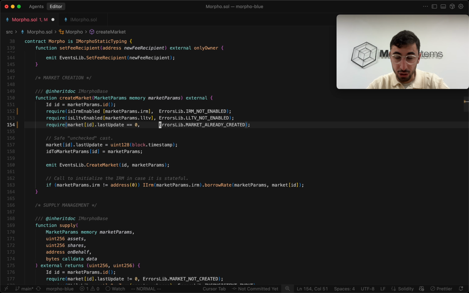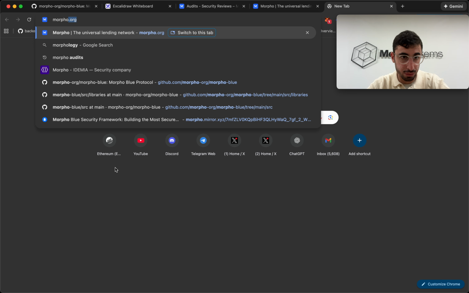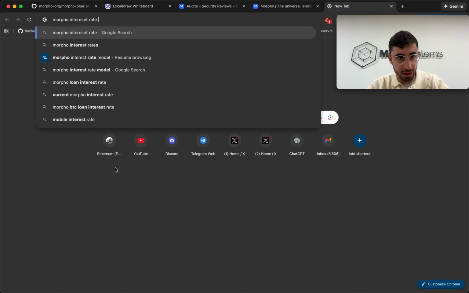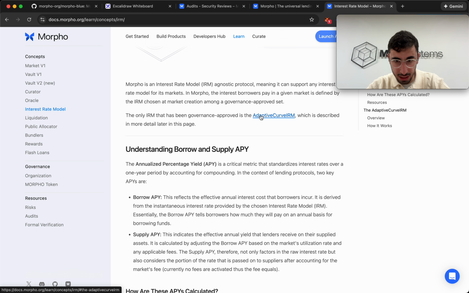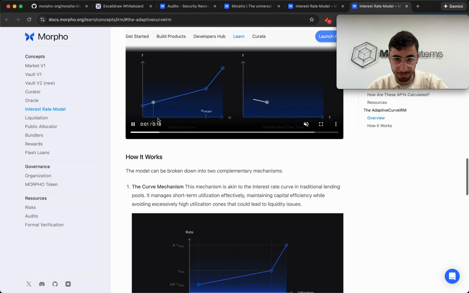And currently there's only one. So if we look into Morpho interest rate model, it's gonna tell us the only interest rate model that has been governance approved is the adaptive curve IRM. This is the only one you can use, okay?